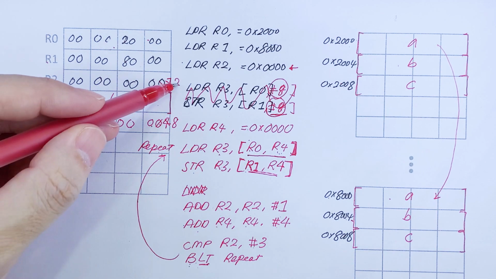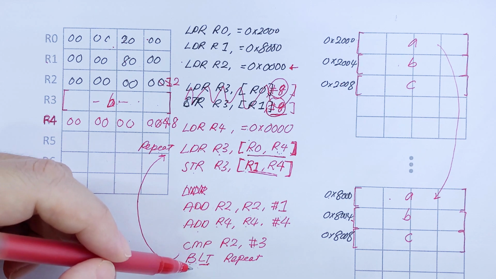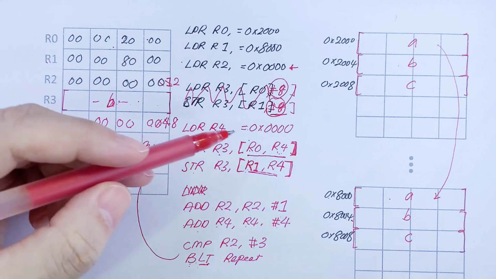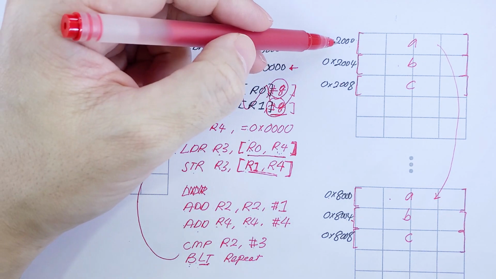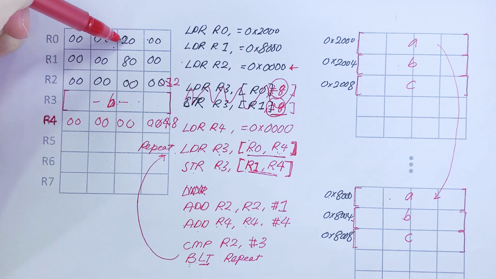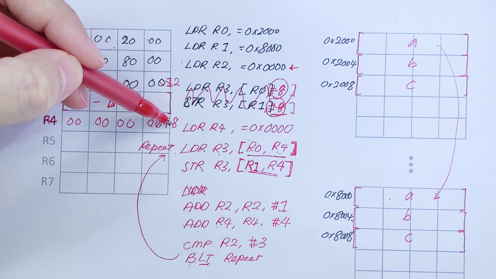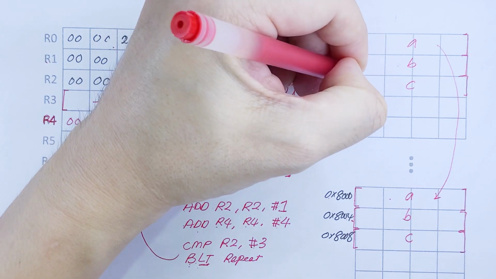Since R2 is only 2, which is really less than 3, we go to repeat again to load the value from memory, which is given by R0, 2000, plus R4, which at this moment is already updated to 8. So we have a new address, which is 2008.